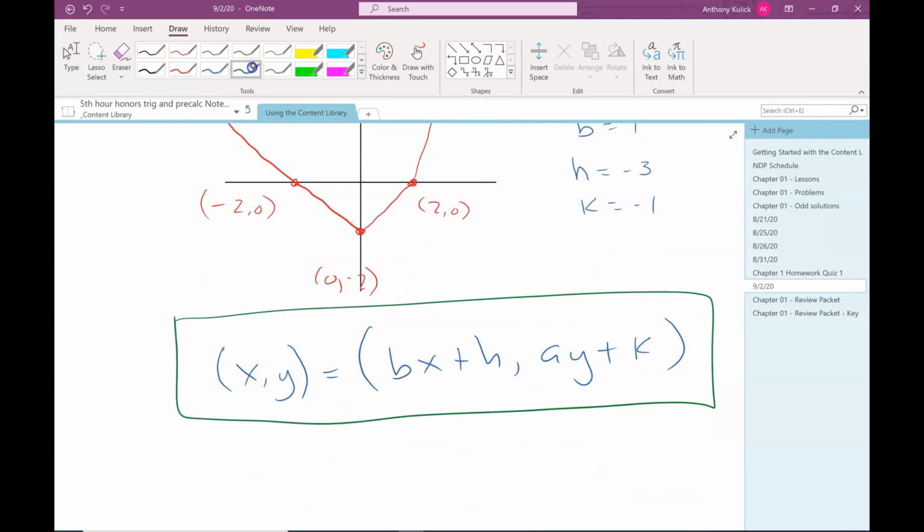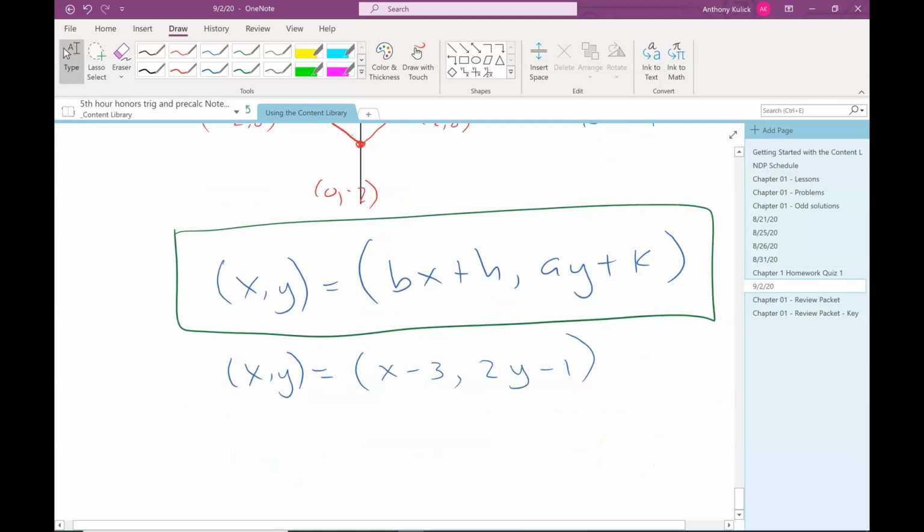So in the case of this problem, we're going to have this, right? Where I filled in my values for A, B, H, and K specifically.